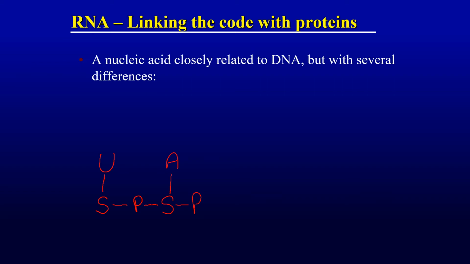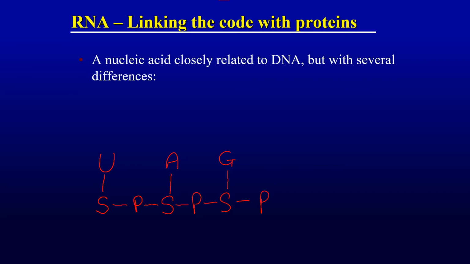I'm just going to draw a couple more nucleotides to carry on with this strand. I wouldn't add a thymine, remember, there is no thymine, so I'm going to add a guanine. There we've got a guanine nucleotide. Let's join those together.